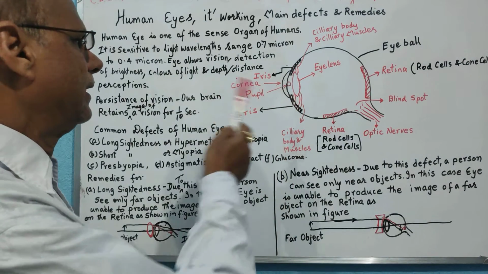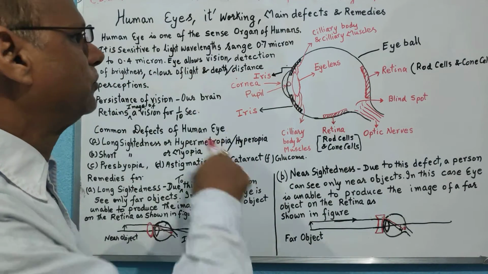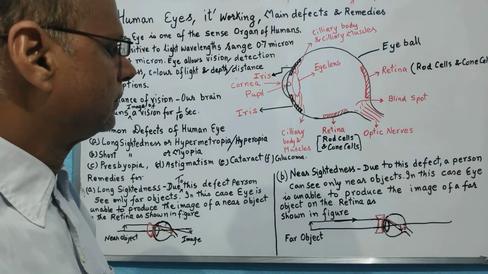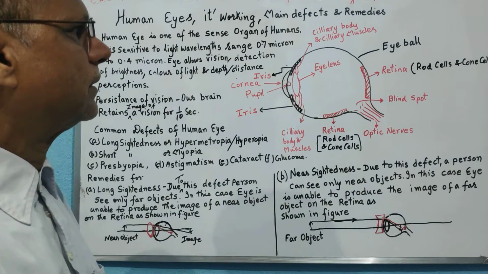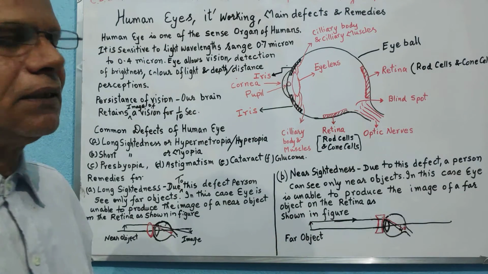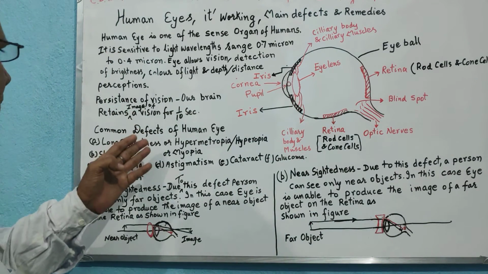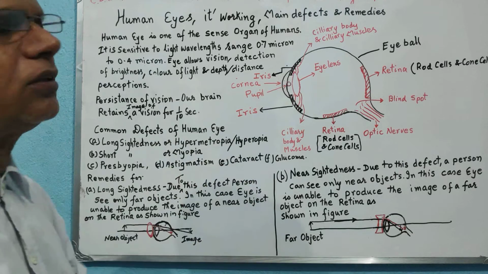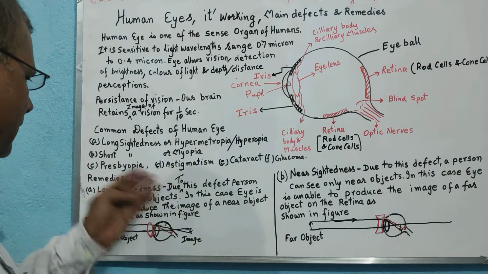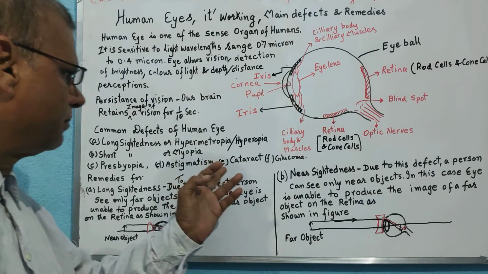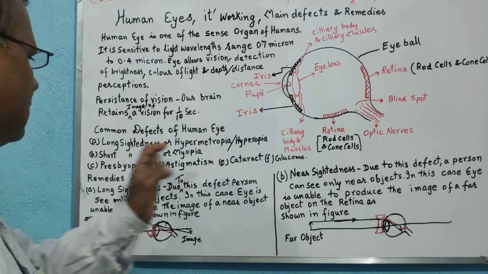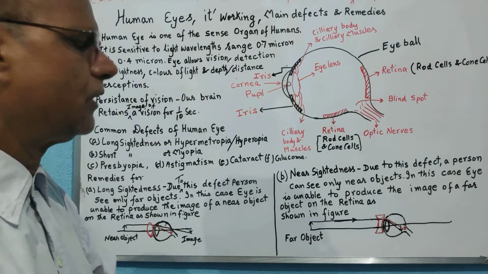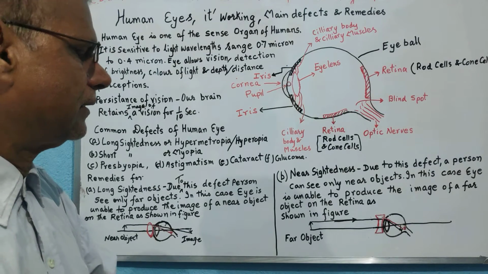Now, in case we have normal eye functioning, this happens, but there are certain defects in our human eye. They are mainly long-sightedness, short-sightedness, presbyopia, astigmatism, cataract and glaucoma. Out of these, the first two are related to our physics concern.